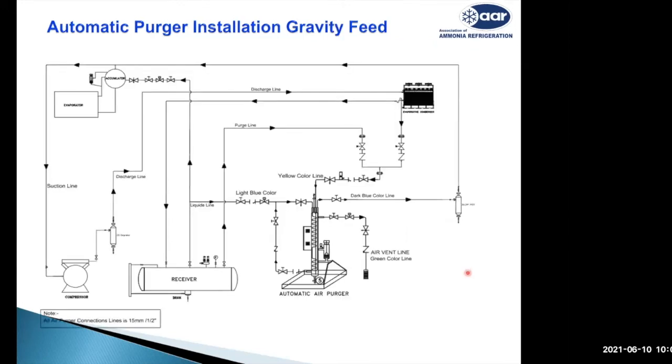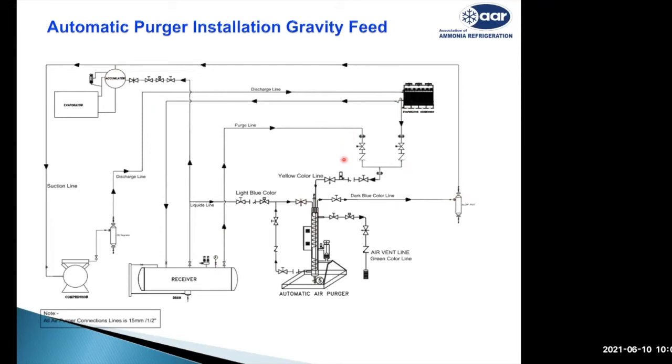We can install a purger in a gravity feed system like an ice plant or a cold storage, and it can be done very easily. Here the liquid is fed from a high pressure receiver to the coil and is taken back. We can take it back to a separate slop pot, or we can put it back into the accumulator of your ice plant or cold storage, so that liquid separation takes place clearly. Only gas goes to the compressor, and a purge point can be taken from the outlet of a condenser or at the outlet of a receiver.